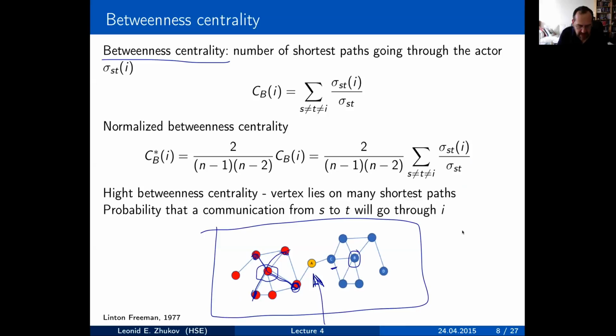But at the same time, if we want to compute the shortest path from any of these red nodes to any of the blue nodes, this shortest path will have to go through node A. So however we want to do this, it will go through node A.